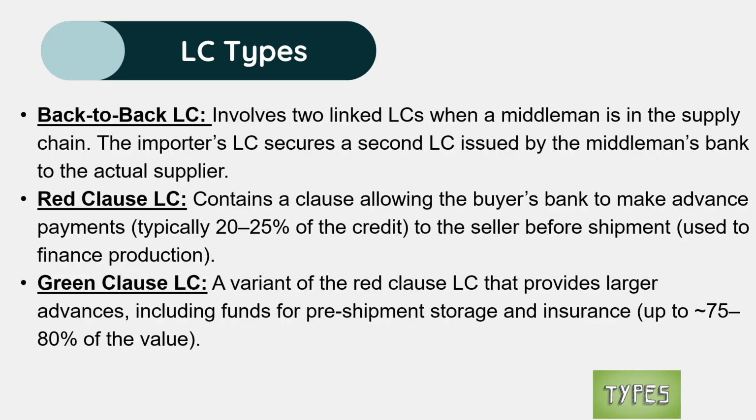So use this only if you are very sure and have the best trust in the exporter, or you have a long-term relationship. Only then you use it. Otherwise, I will not recommend using it with new suppliers about whom you don't know or you have never dealt with earlier, because if they don't ship the material, you may lose your money and you will find it difficult to get the money back. It is not so easy. You can get it, but it is not so easy.